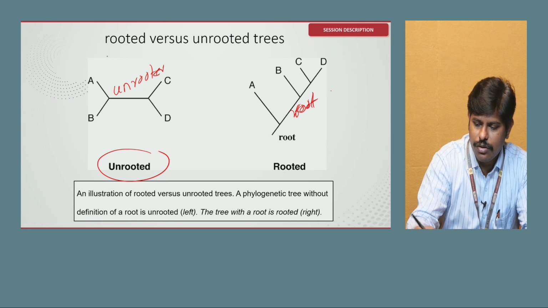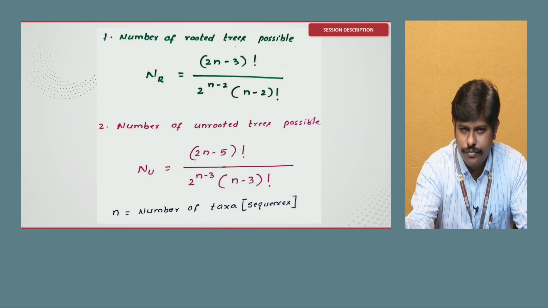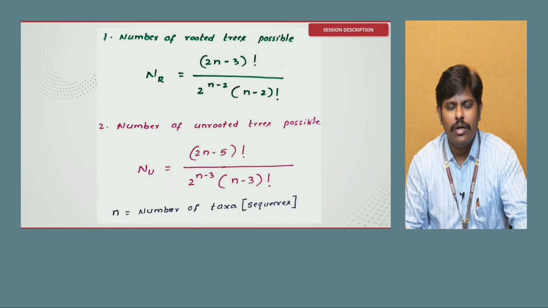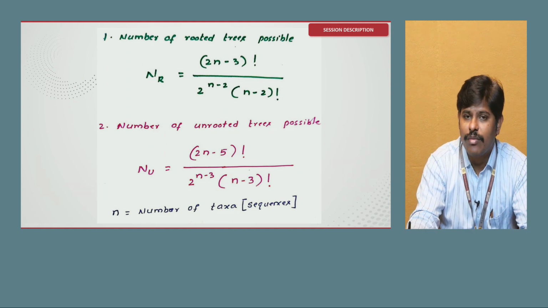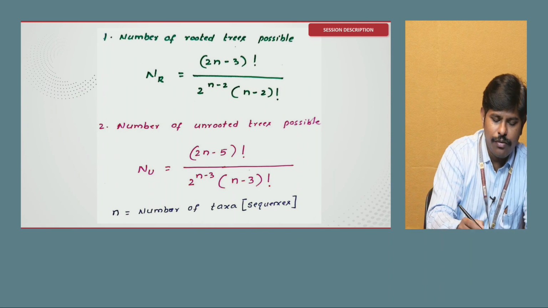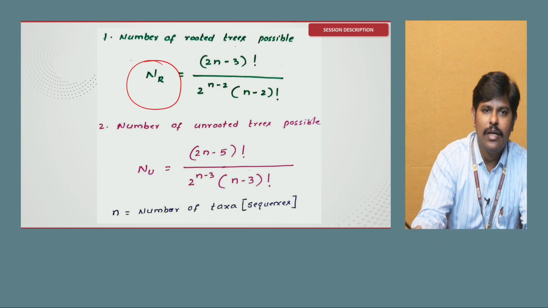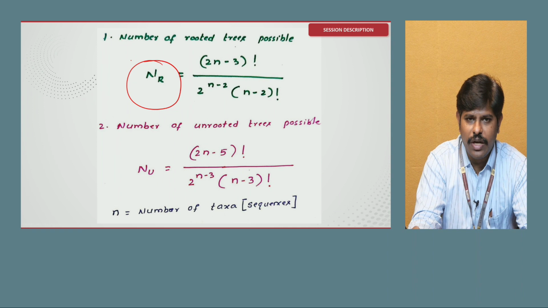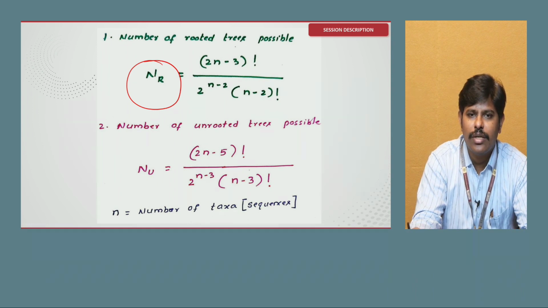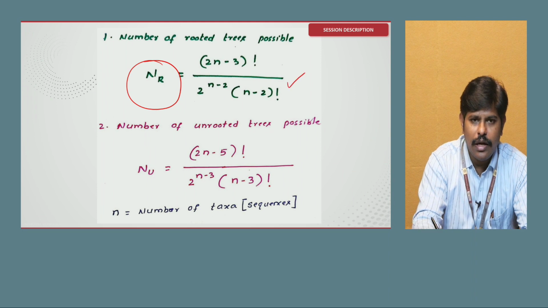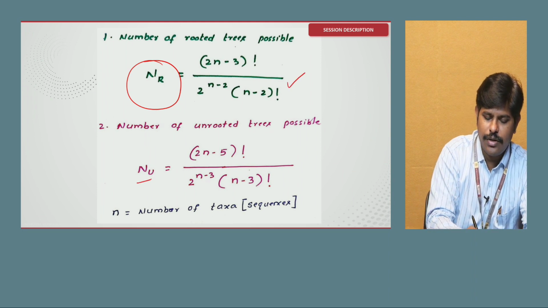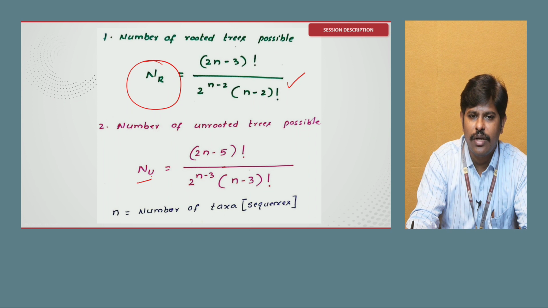The number of trees possible based upon the number of taxa is given by a formula. The number of rooted trees is (2n minus 3) factorial divided by 2 to the power (n minus 2) into (n minus 2) factorial, and for unrooted trees, (2n minus 5) factorial divided by 2 to the power (n minus 3) into (n minus 3) factorial.